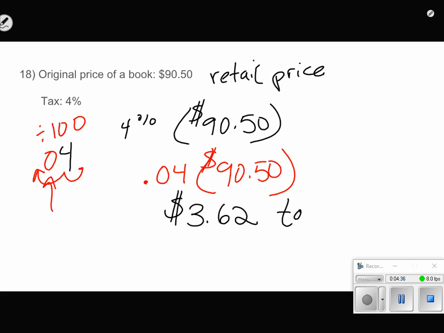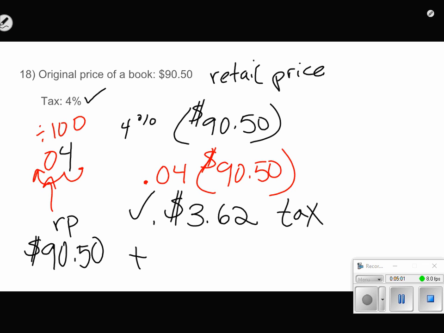That is the tax in, I guess you could say, dollar form. The tax as a percentage is 4%. So the dollar amount that we're going to have to pay is $3.62. From there, to figure out the total or the gross amount that you're going to pay, you take your retail price, the $90.50. The tax is an additional fee that you're going to have to pay.